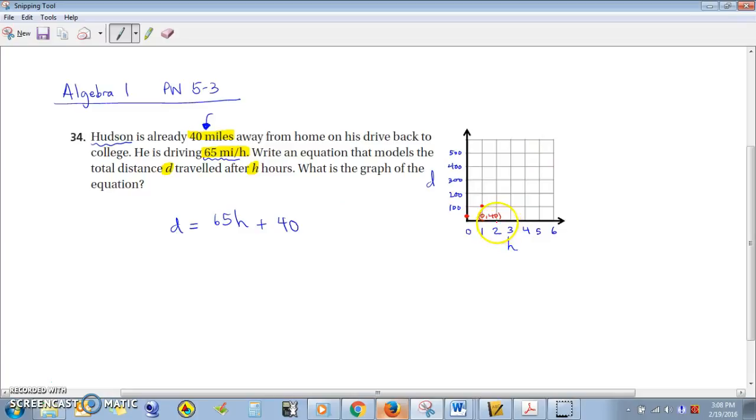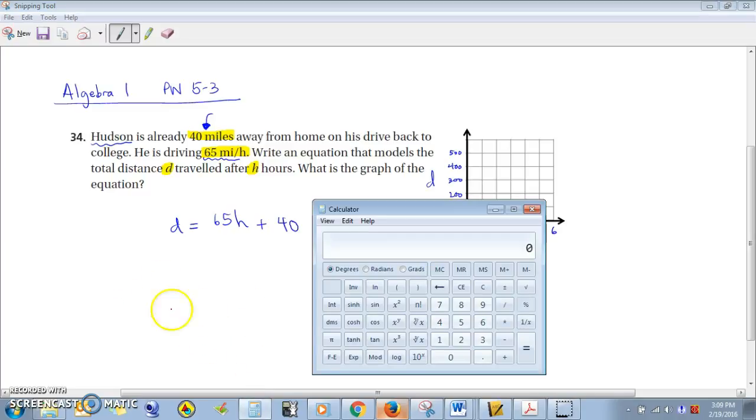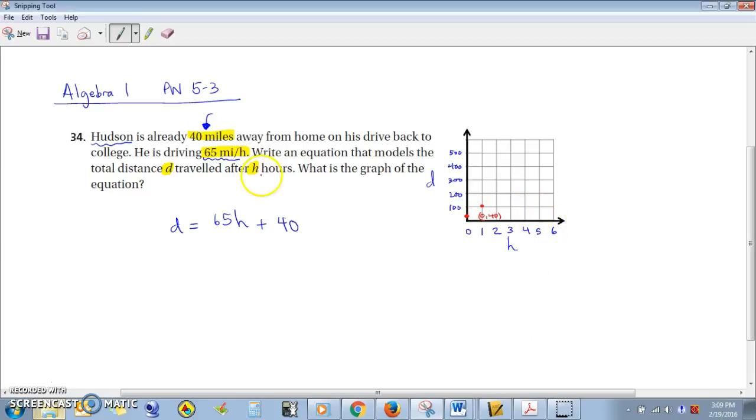When I plug in a 2 for h, 65 times 2 is 130 plus 40 is 170. So I'm going to have the point 2, 170, which is going to be right around here. 2, 170.